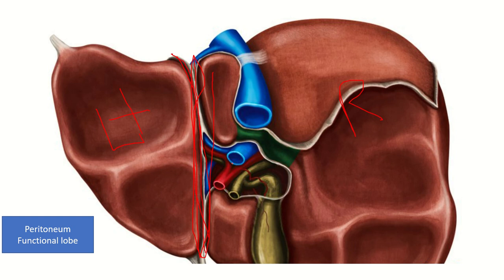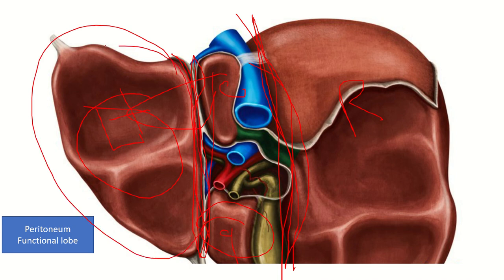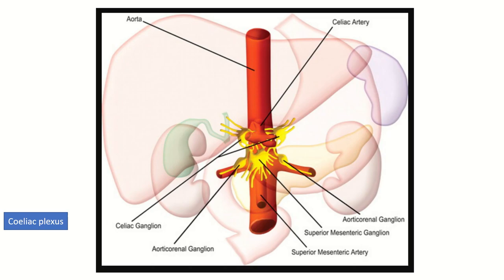But if we think about the functional lobes, the division will be like this, and this is the quadrate lobe and the caudate lobe. In the functional division, the left lobe contains the whole of the left lobe, the quadrate lobe and the caudate lobe. So in the functional lobe, the left lobe is larger, but anatomically the left lobe is only this area. The functional lobe also contains the quadrate lobe and the caudate lobe.